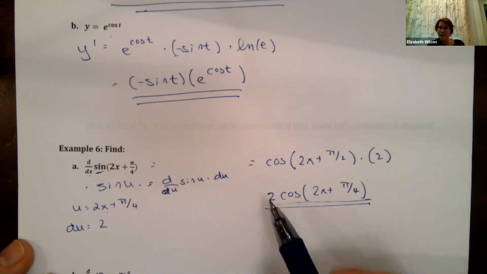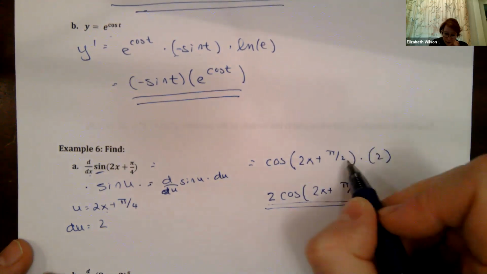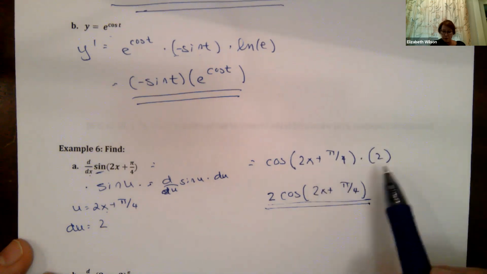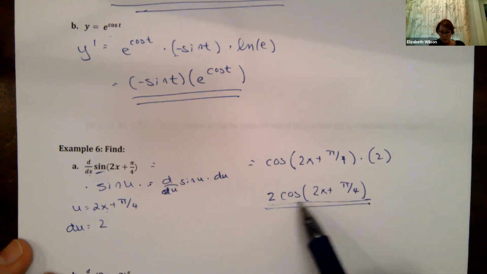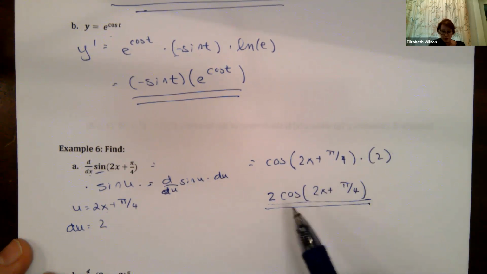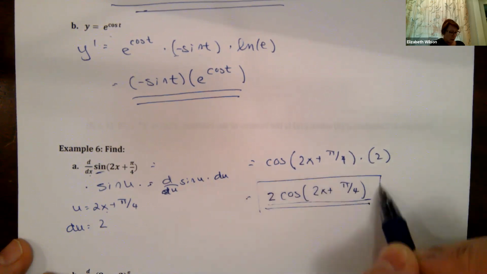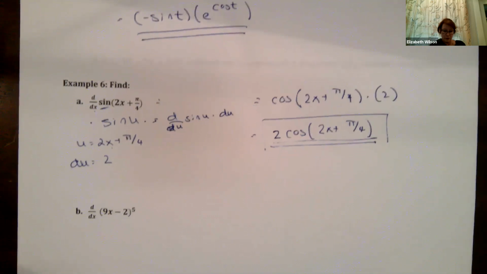Don't ever multiply this 2 by the stuff inside. It's locked in as part of the parameter of the cosine function. So that's our derivative there, and that's our shifting part.